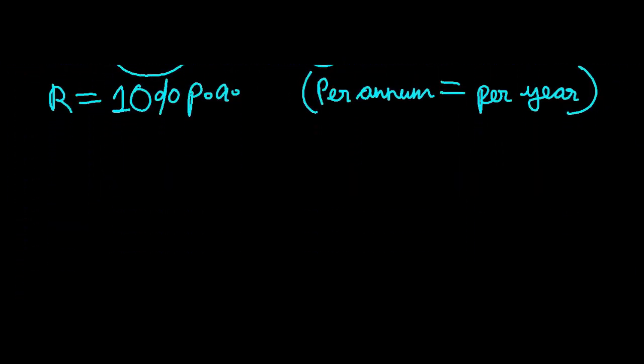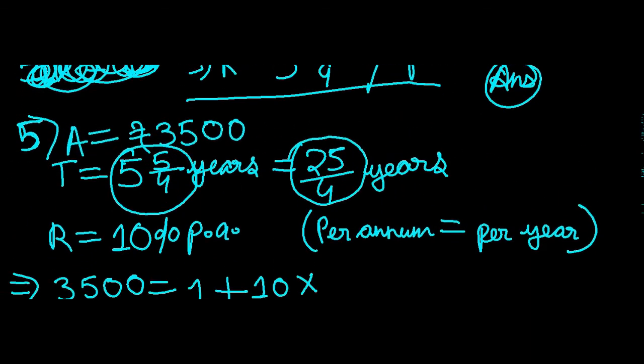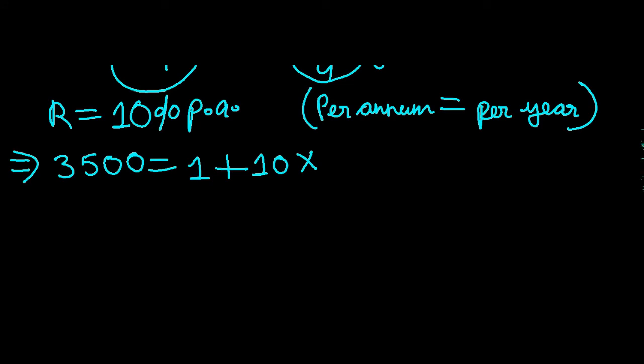And then we can write A, which is 3500 in this numerical, is equal to 1 plus R into T. R is 10% into T. T is 25 by 4 years. So here we will only write 25 by 4.